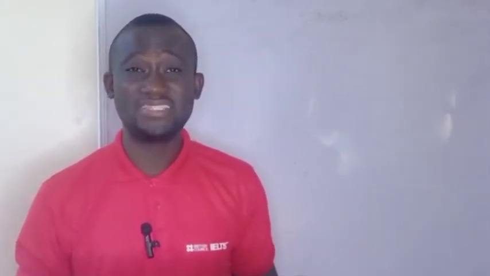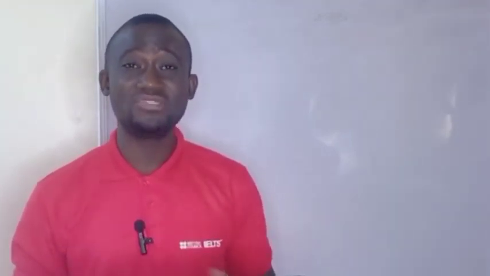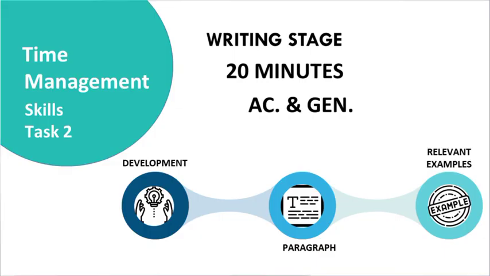The first 10 minutes are for the pre-writing stage, and the 20 minutes now is for the writing stage. So, what are you to do at this stage? This is the development stage. This is where you start developing your ideas into paragraphs, including relevant examples and reasons for your answers.